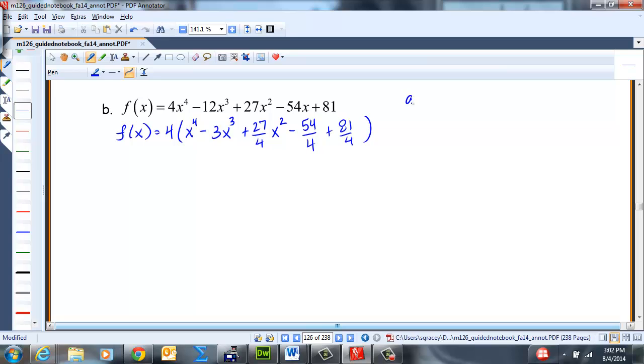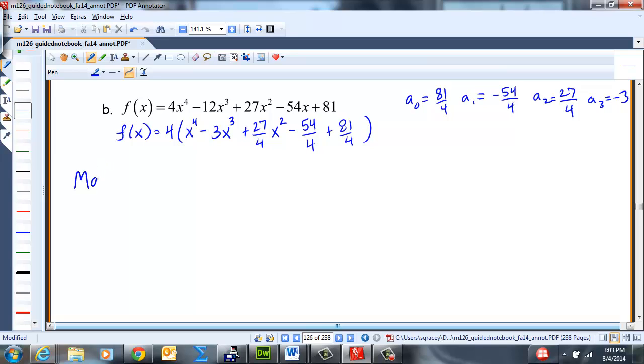So a0 is 81/4, a1 is negative 54/4, a2 is 27/4, and then a3 is negative 3.